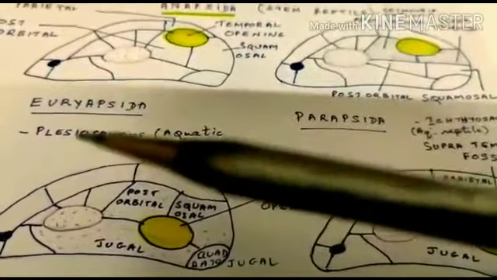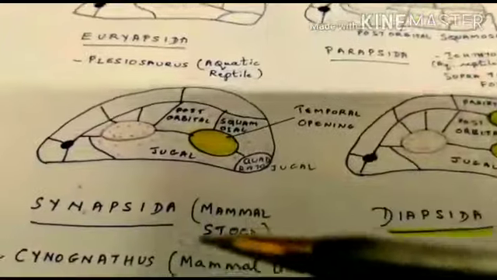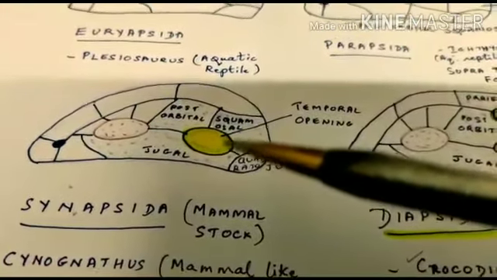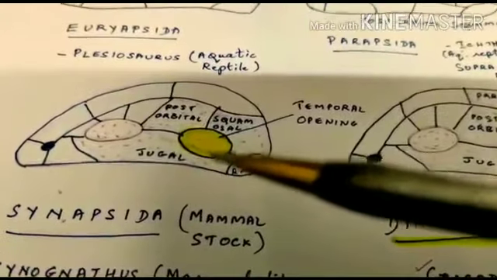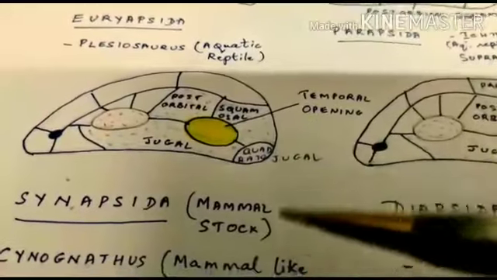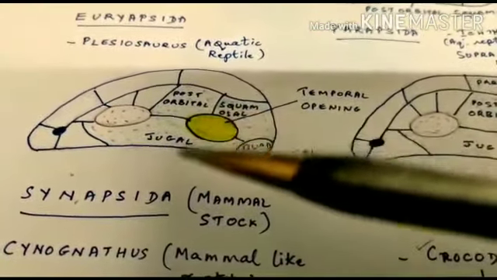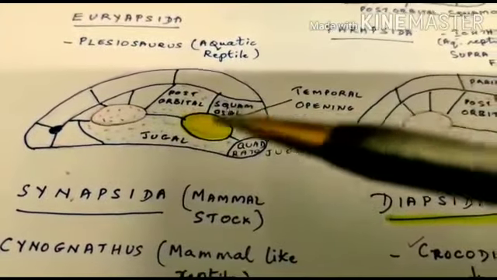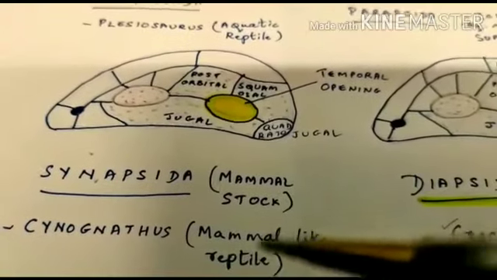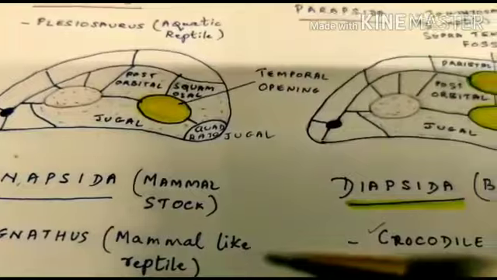But both euryapsid as well as parapsid forms are extinct. And the next we have the synapsid skull. In the synapsid skull, you find a single fossa, which is the infratemporal fossa because it is present towards the base of the skull, and this kind of skull is surrounded by postorbital, jugal, quadratojugal and squamosal bones, and it has given rise to the present day mammals, and it also was found in Cynognathus, which was a mammal-like reptile.